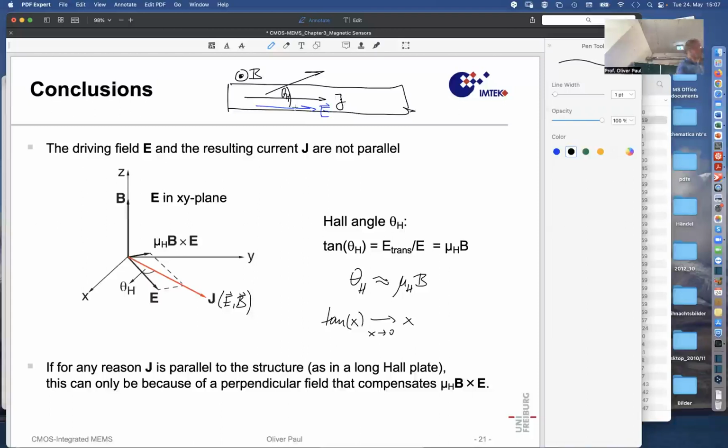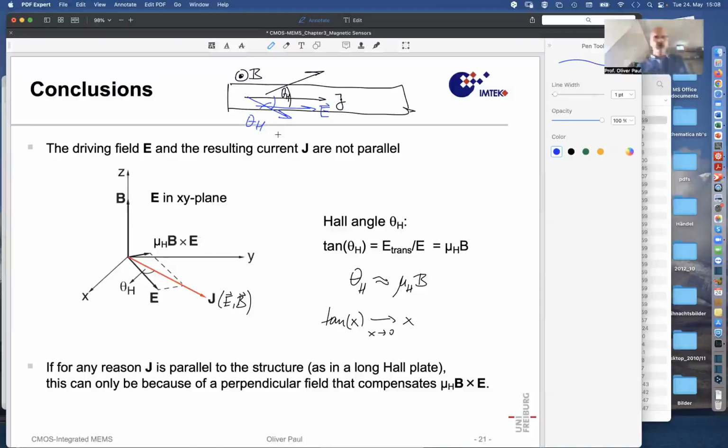So the current must flow there, and as a result, the electric field must be rotated by the Hall angle. And there is nothing bad about that, because the electric field can flow wherever it wants. There is no boundary against the electric field. There is no infinite conducting material that does something to the electric field. There's free space up there.